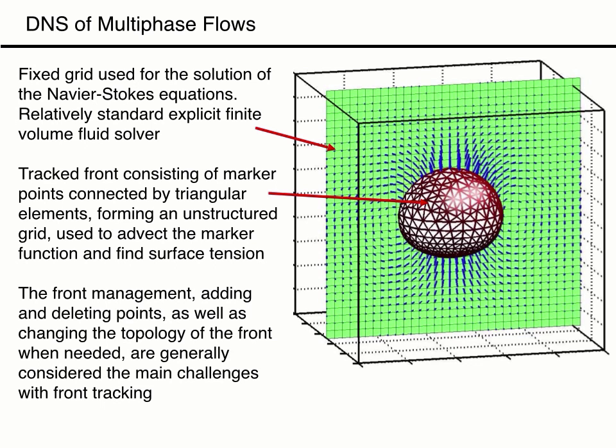For three-dimensional flow, the interface is an embedded two-dimensional surface, and since its geometry can be fairly complex, we usually use an unstructured grid typically consisting of points that are connected by triangular elements. Generally, the size of the triangular elements is some fraction of the size of the control volumes used for the fluid flow, and as the flow evolves, the unstructured two-dimensional grid is deformed, stretched, and compressed.